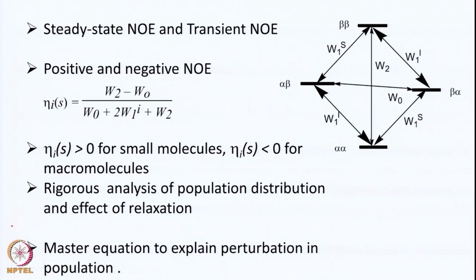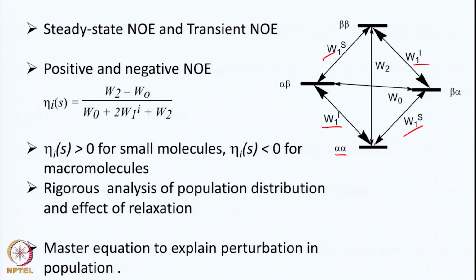Here there are 4 states of 2 spins, say spin I and spin S, which we denote as alpha alpha, alpha beta, beta alpha and beta beta states. Two transitions belong to I and two transitions belong to S.